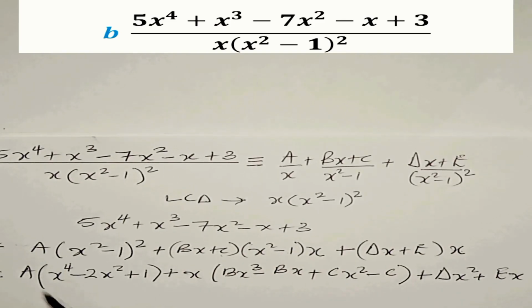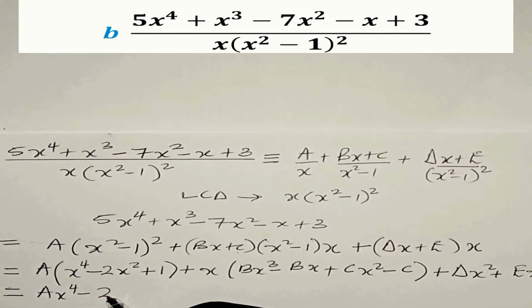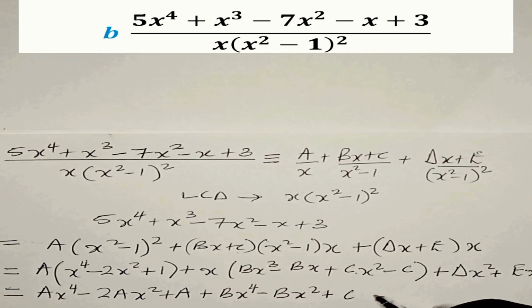All right, now we can simplify that further. We multiply a by x to the power of 4. We get ax to the power of 4 minus 2ax squared plus a plus bx to the power of 4 minus bx squared plus cx to the power of 3.